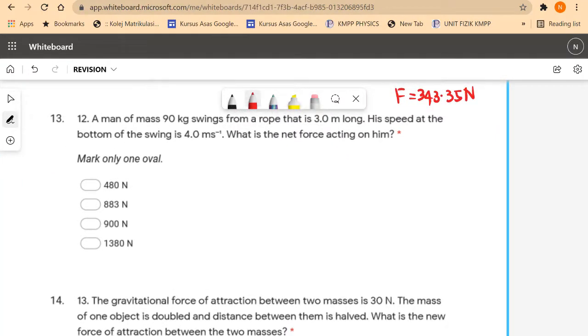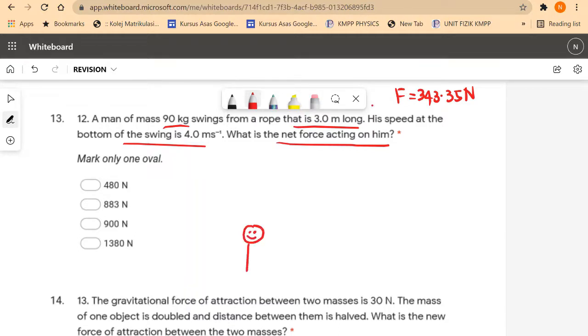A man of mass 90 kg swings from a rope that is 3 meters long. His speed at the bottom of the swing is 4 meters per second. What is the net force acting on him? It is like this. This is the man, and then swings from a rope.